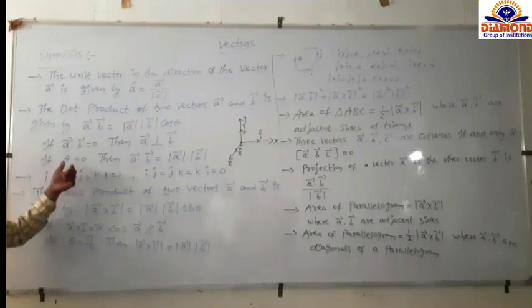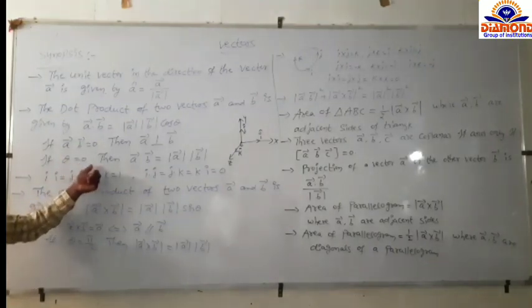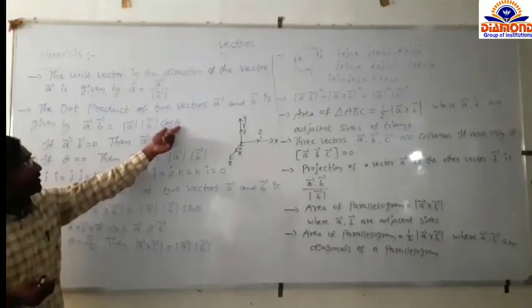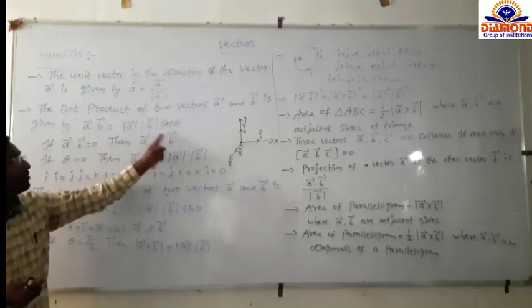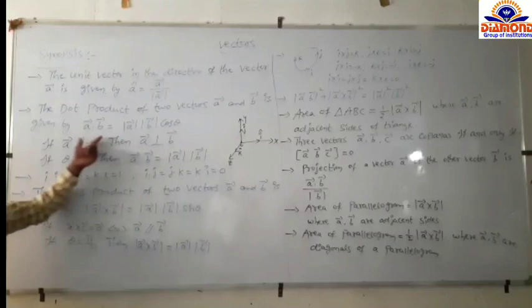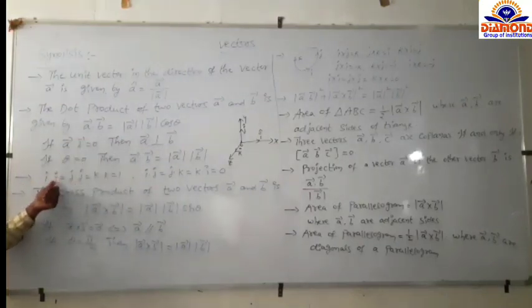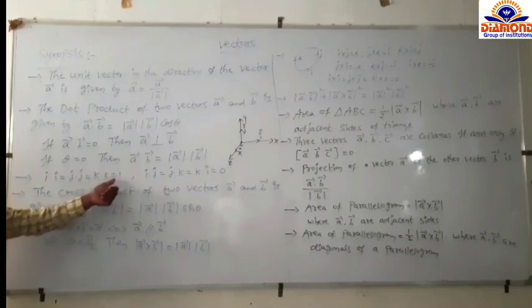Next, if theta equal to 0 degrees, what do you say? Cos 0 is 1. So that's why a dot b equal to mod a into mod b. According to this rule, we can take i dot i equal to j dot j equal to k dot k equal to 1.